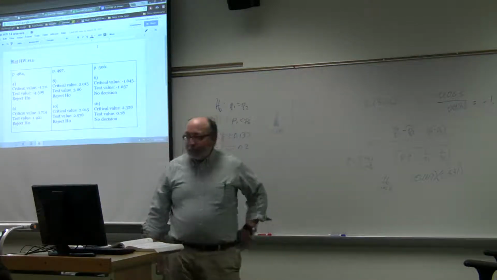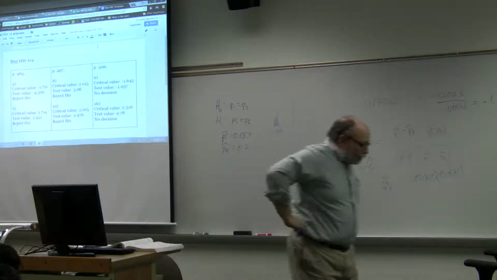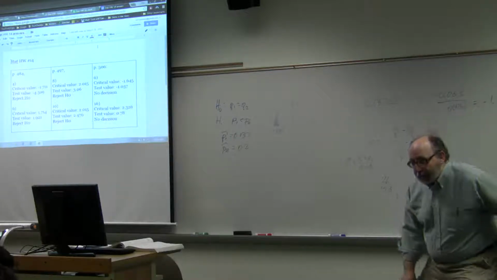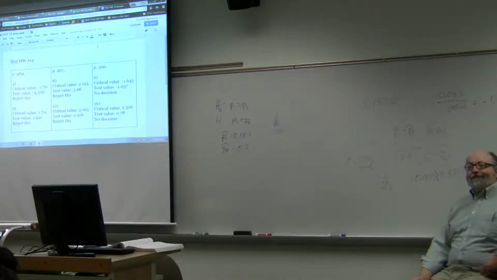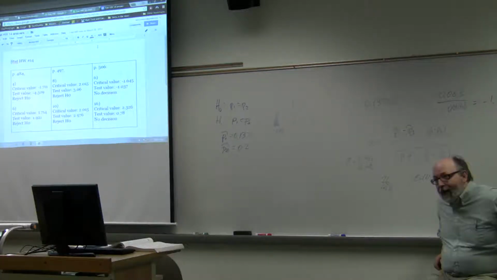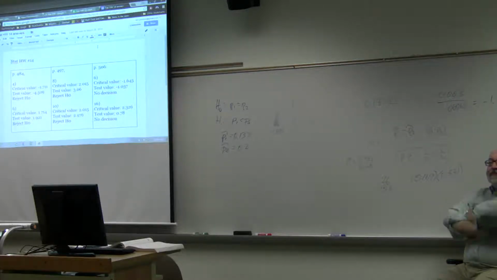Now, what do we do after we get the test value, Vanessa? We make a decision. Okay, what decision do we make? No decision. That's correct. Why do we say no decision? Sarah, why do we say no decision?